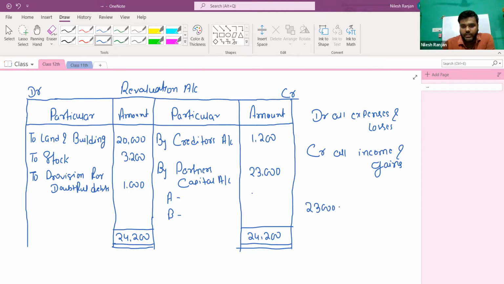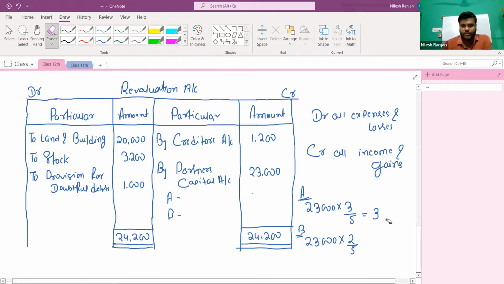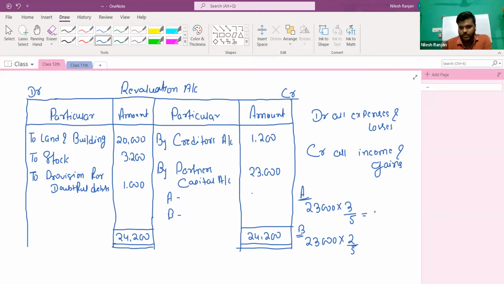So if we distribute 23,000 into 3 by 5 and 23,000 into 2 by 5, it is A and it is B. The amount will be 13,800 and 9,200.